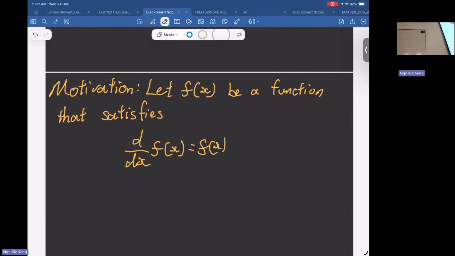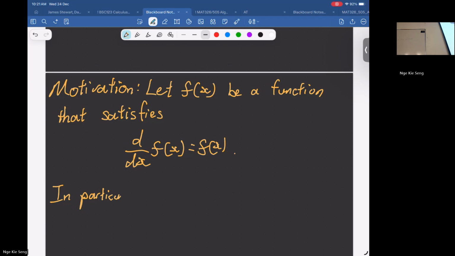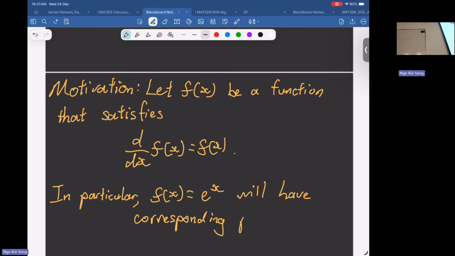In particular, f(x) equals e to the x will have the corresponding property. In this section, we will look at the derivative in terms of itself.